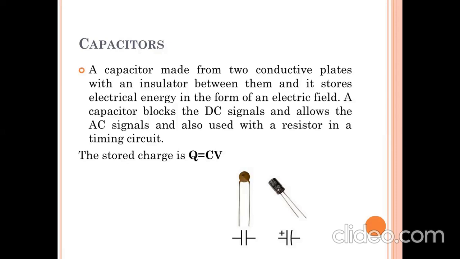You can increase the capacitance by moving the plates of the capacitor closer to each other or increasing the size of the capacitor. As shown in this image, this is called a disk capacitor, this is called an electrolytic capacitor, and the symbol which we use while drawing the circuit is like this, which we use for ceramic capacitor and electrolytic capacitor.